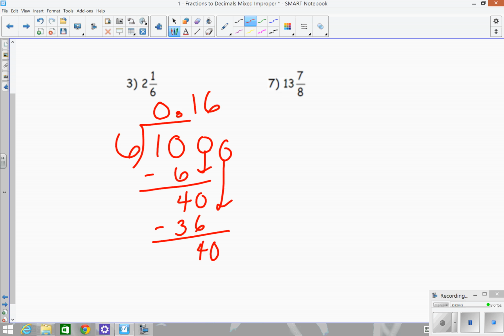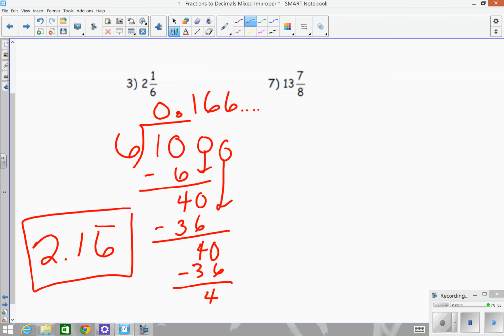We get 40 again. 6 goes into 40 6 times, remainder of 4. You start to see that there's a pattern occurring. We're just going to continue to get a 6 each time. So this is my decimal portion. If I put it together with the 2, we end up with 2.16, where the 6 is repeating. So this is decimal form for that fraction.